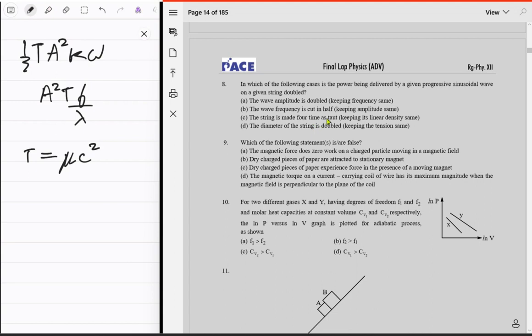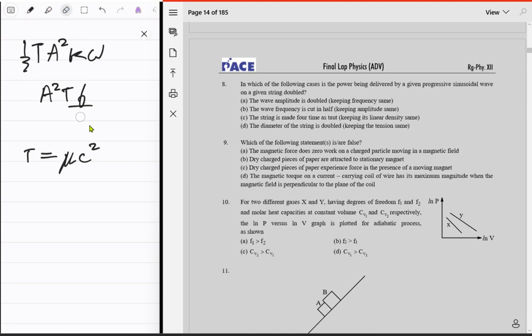Yes. The string is made 4 times as taut, keeping its linear density the same. So T becomes 4 times, and it's like wait, but I haven't said anything about frequency and lambda. What about the frequency? What about the wavelength? Aren't you changing those? Wait, but they are dependent on c basically. But we don't know. Did you change the wavelength or keep it the same? Your density is the same, but we don't know about the wavelength. I think there's no wavelength here, so you have to get rid of the wavelength somehow.